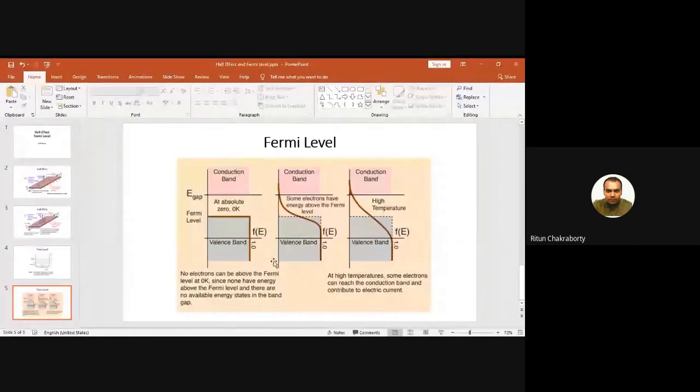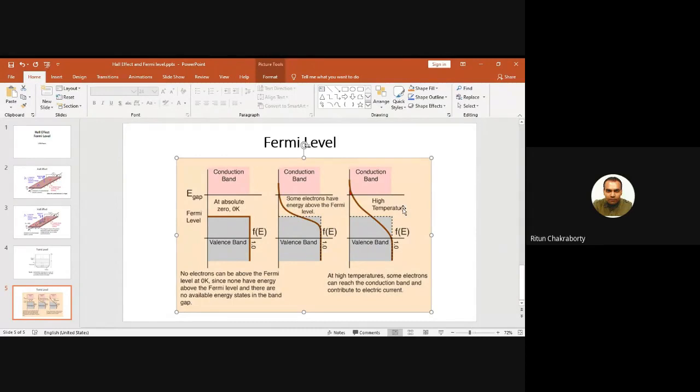So the Fermi function f(E) changes its shape when you apply a temperature above 0 Kelvin. Why does it change? Because it's given in the caption here itself: some electrons have energy above the Fermi level.